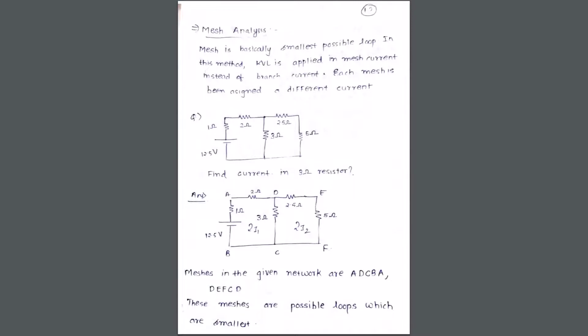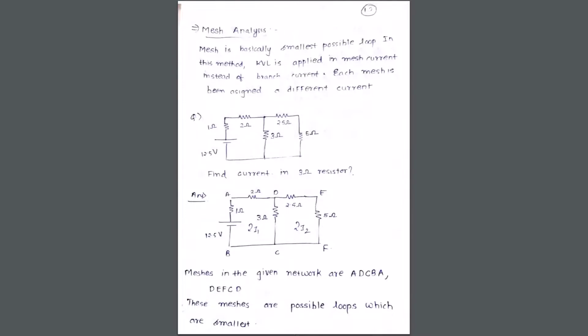In mesh 1 we are assuming the current to be in the clockwise direction, and mesh 2 also in the clockwise direction. So the meshes in the given circuit are A, D, C, B, A and D, E, F, C, D.